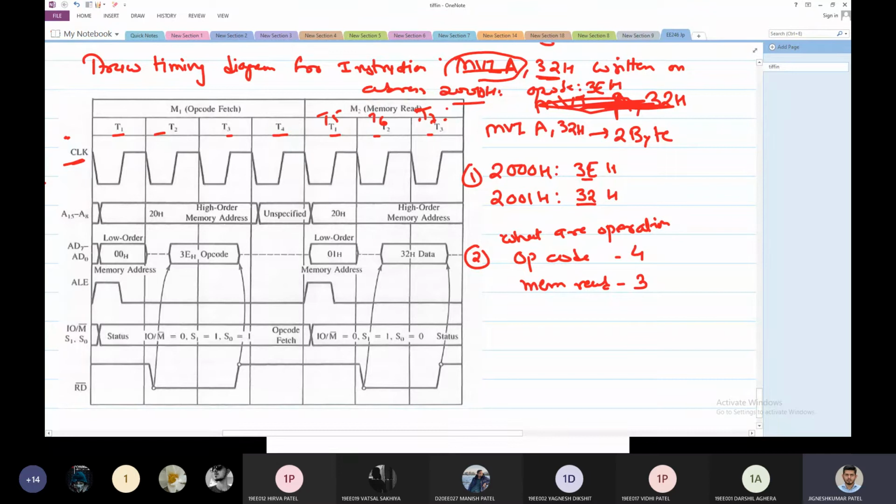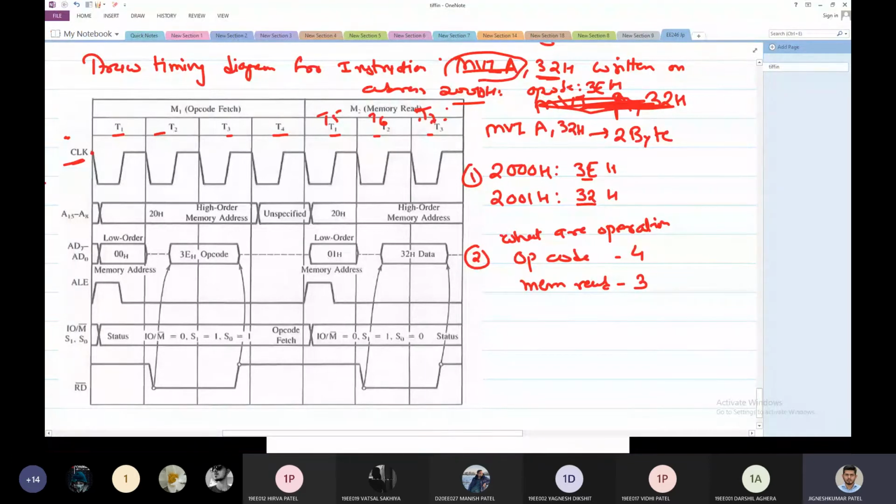Then I'll first draw the clock signal. See now how to draw a clock signal. It should actually be like a square wave. But when you zoom in on any clock signal, it is not at all a square wave, but rather a trapezoidal wave.